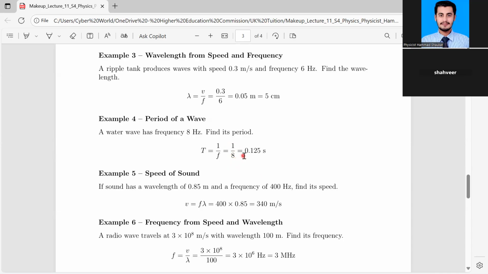So 1 by 8 is equal to 0.125. And what is the unit for time period? Seconds. Time is measured in seconds, that's why the time period is also in seconds.